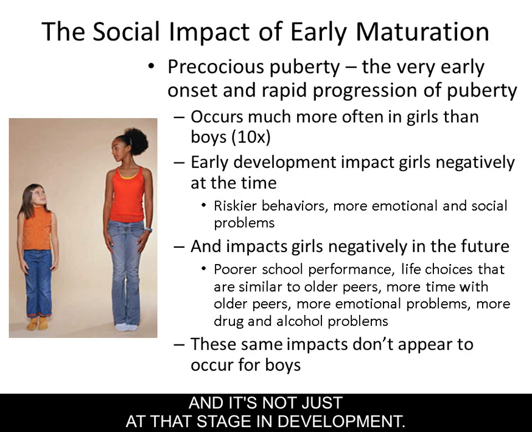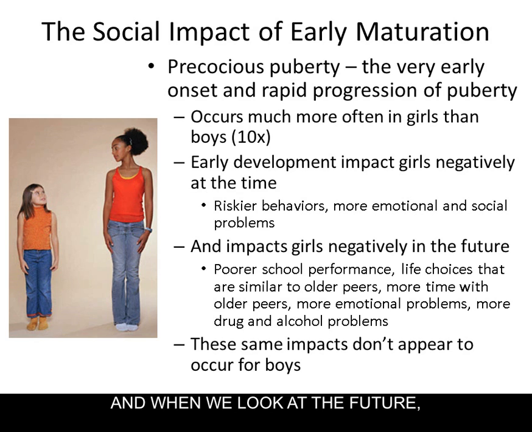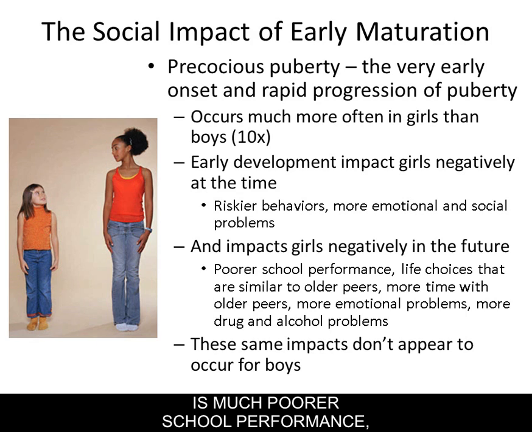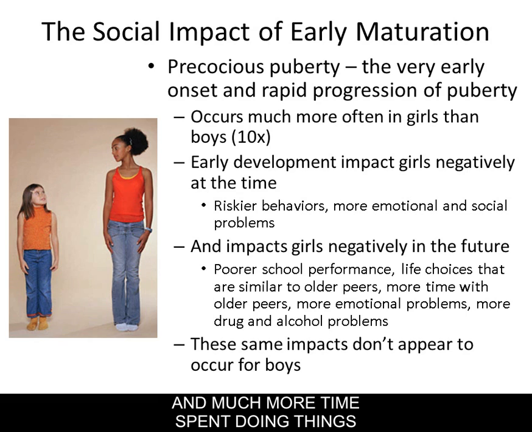And it's not just at that stage in development, it actually carries over to the rest of their lives. When we look at the future, what we see a lot of times is much poorer school performance, much more risky life choices in these individuals, and much more time spent doing things that are a little bit beyond their age.